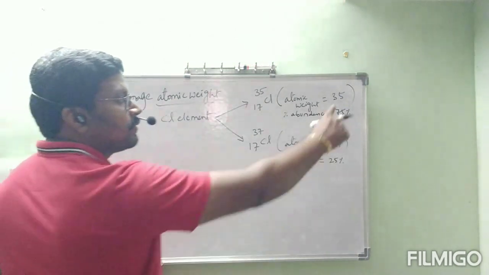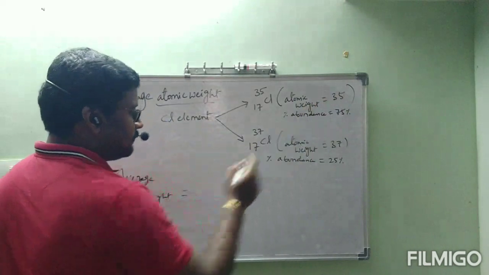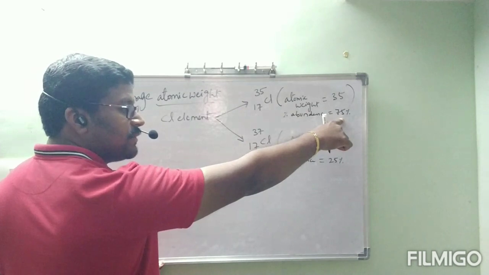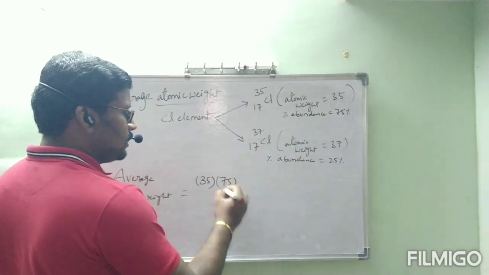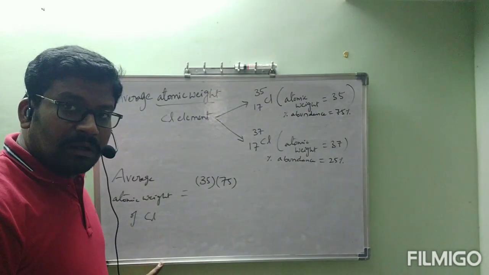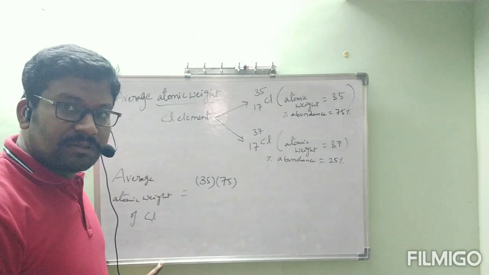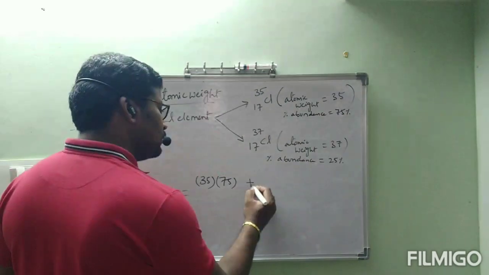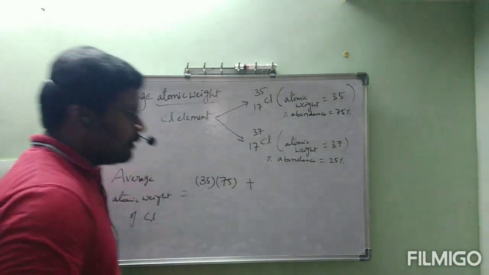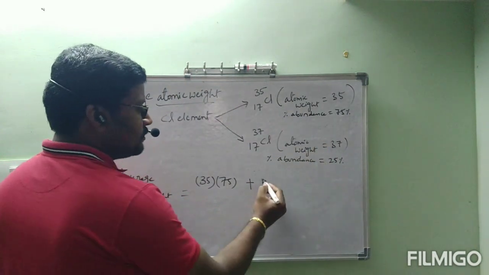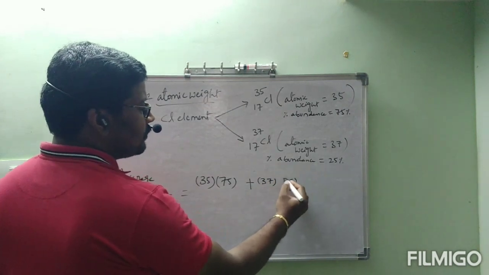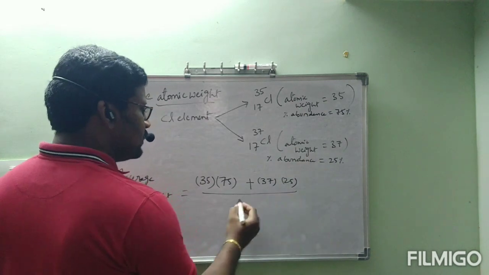Atomic weight of first isotope 35 into percentage abundance of first isotope 75, plus atomic weight of second isotope 37 into percentage abundance of second isotope 25, whole divided by 100.